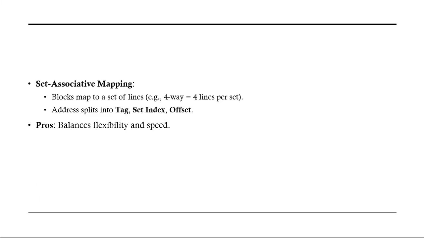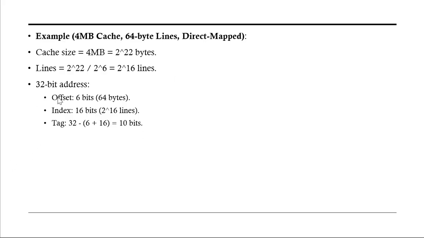Let's move on. Here is an example. The cache size is 4 megabytes, and the number of lines is 16. We can see the 4 megabytes direct mapped here, and a 32-bit address is split into the tag, the index, and the offset to find its data.